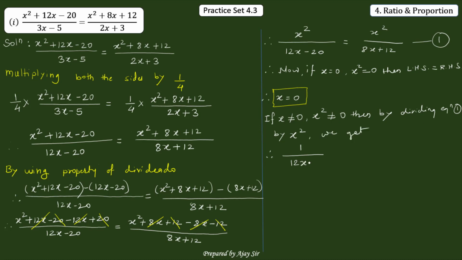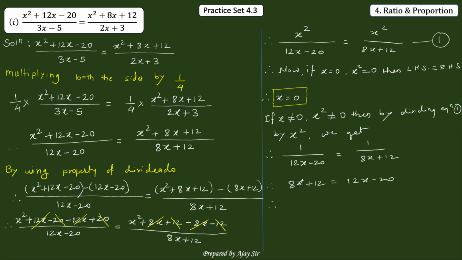So therefore 12x minus 20 is equal to 1 upon 8x plus 12. Now here just you have to find the value of x, and you know that we can cross multiply this and this, and we will get 8x plus 12 is equal to 12x minus 20.